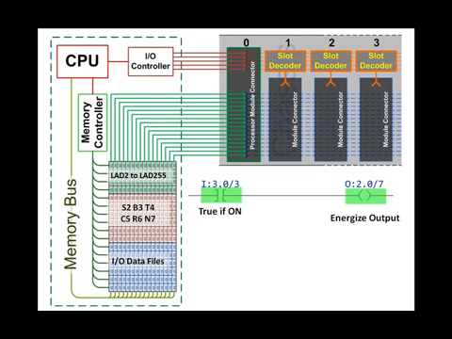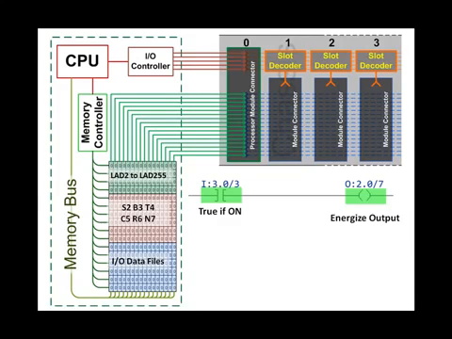It is not highlighted if it is false. So all of the read instructions are highlighted based on true or false. The output instructions, however, are highlighted based on on or off in memory. So you could say that the OTE instruction, the energize output instruction, if that bit is on in memory, then it will highlight that instruction.